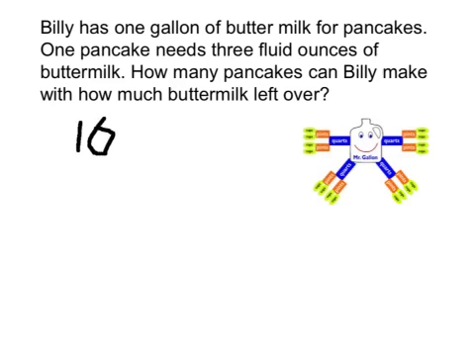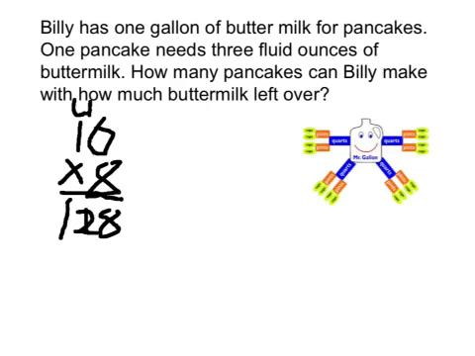Now we need to multiply 16 by 8 because there's 8 fluid ounces in each cup. Okay, so there is 128 fluid ounces in 1 gallon.